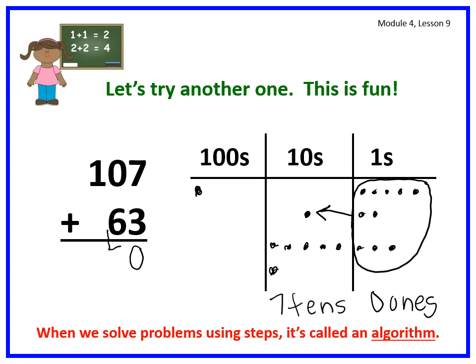So then I can go over here and add a 7 and 100. Perfect. So as you can see, adding an extra place value, the hundreds, is no different than adding the tens and the ones. So we'll continue to work on that.